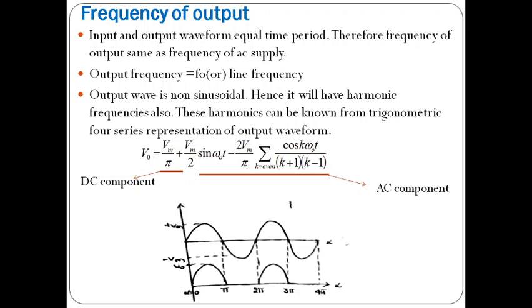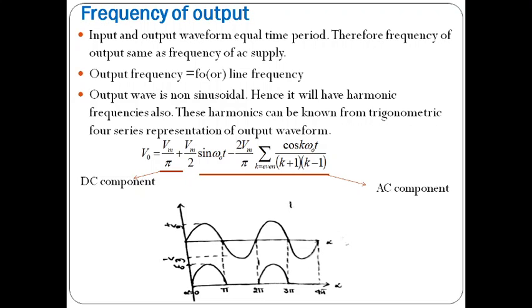The remaining terms indicate the AC component. In this AC we have the fundamental frequency as well as even harmonics. These even harmonics are unwanted AC components, and they are eliminated by using filters. We'll discuss filters in the next classes.